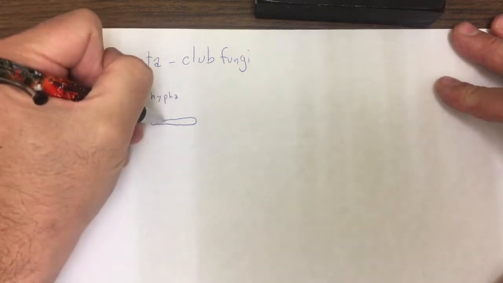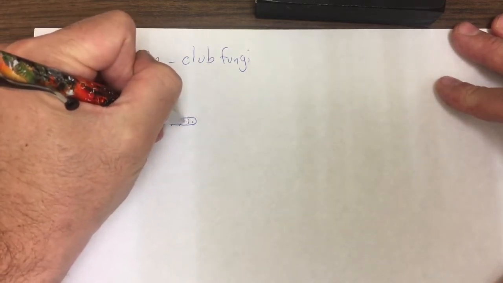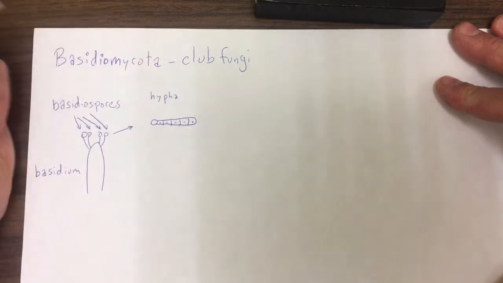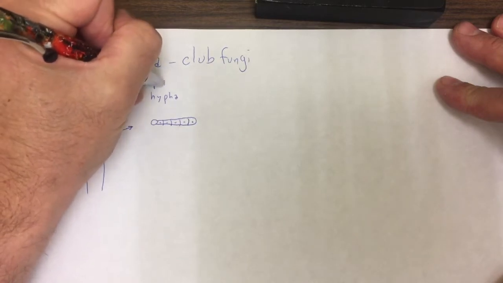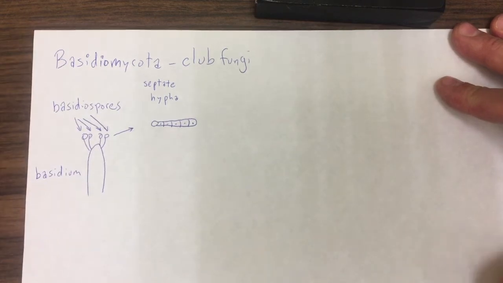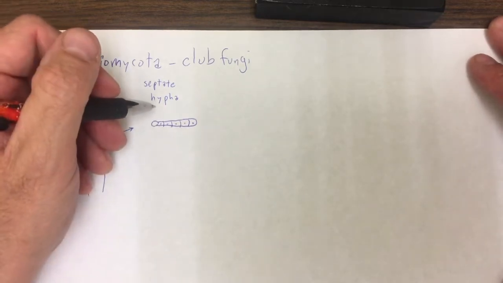Now, basidiomycetes have septate hyphae, which means that there are cross walls between each nucleus. So the nuclei are separated by a cross wall.